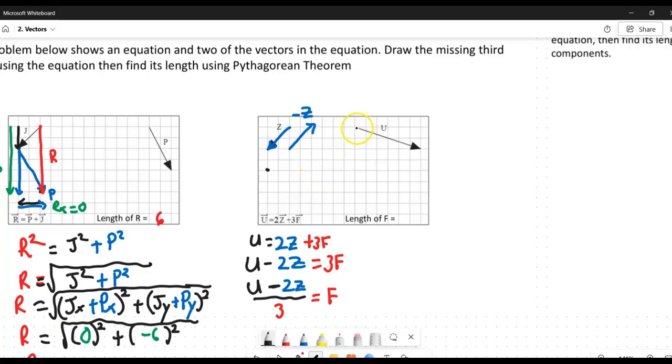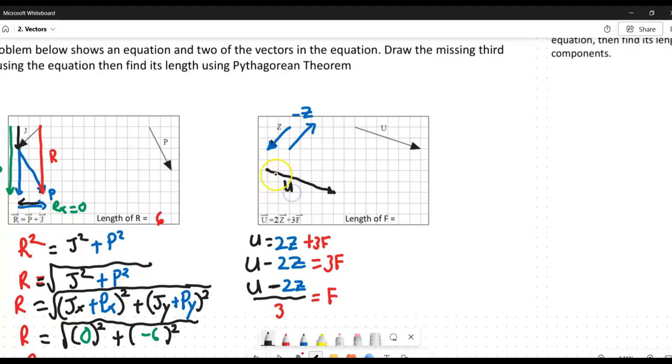Now u goes over to the right 1, 2, 3, 4, 5, 6. So that's 1, 2, 3, 4, 5, 6. And it goes down to 1, 2. So this is u. And it looks right.